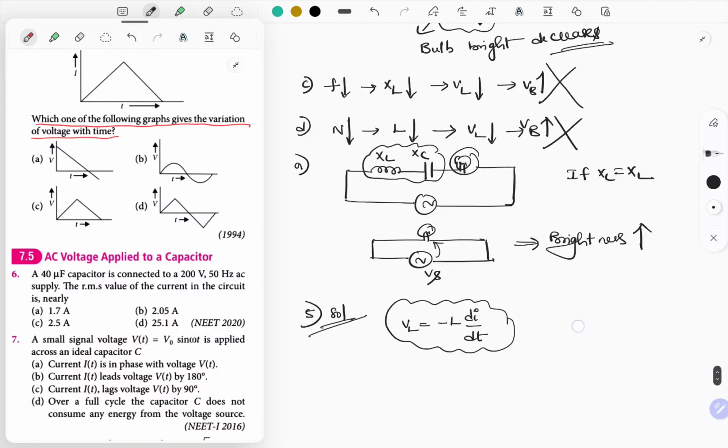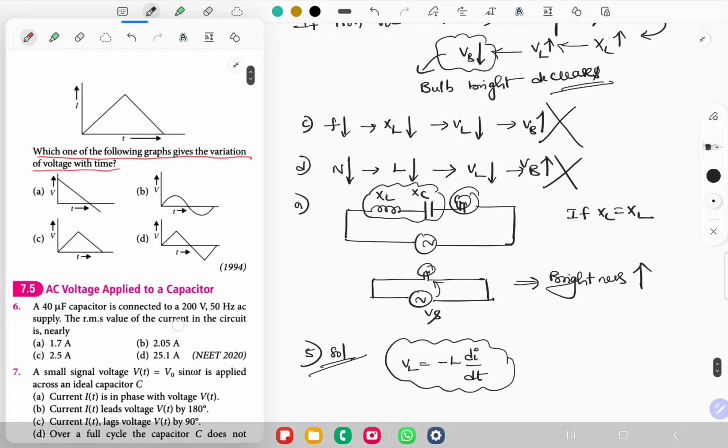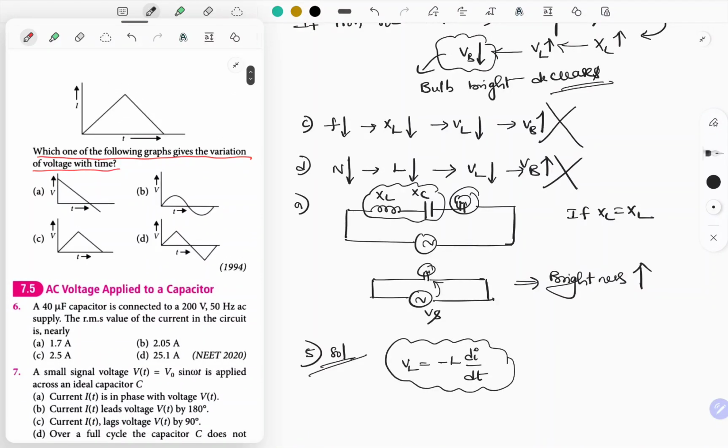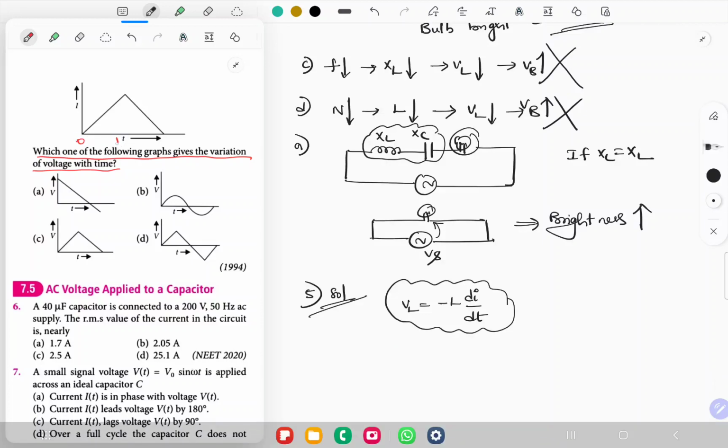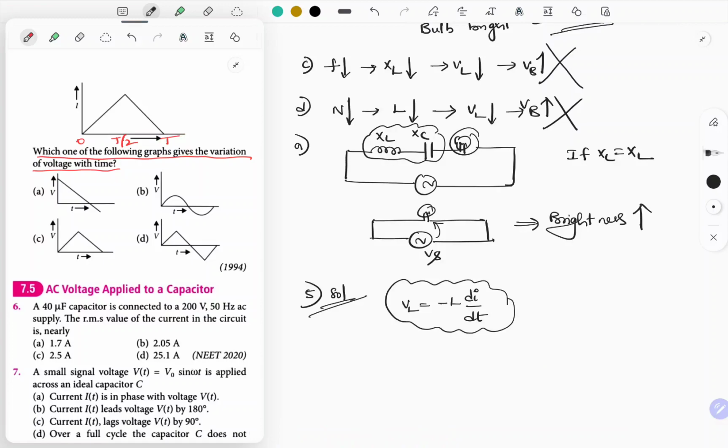If you differentiate current with respect to time, let's divide this into 0 to t by 2 and t by 2 to t. If you observe from 0 to t by 2, is the slope positive or negative? The slope is positive. If the slope is positive, then what's going to be VL, negative or positive?